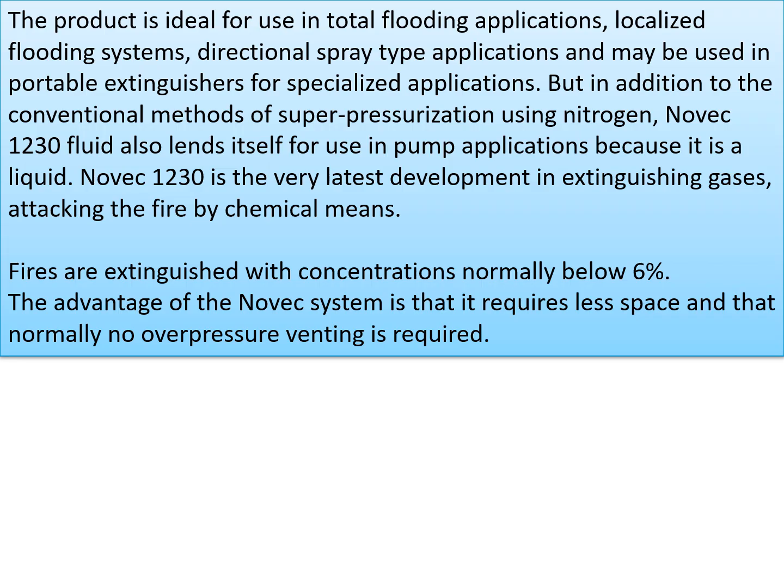Novec 1230 is the very latest development in extinguishing gases, attacking the fire by chemical means. Fires are extinguished with concentration normally below 6%. The advantage of the Novec system is that it requires less space and that normally no overpressure venting is required.